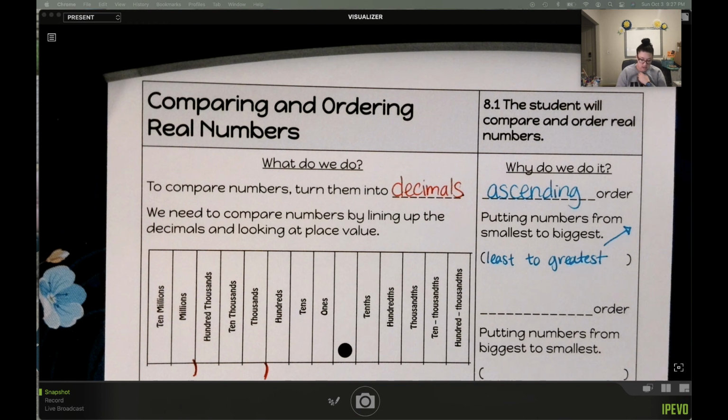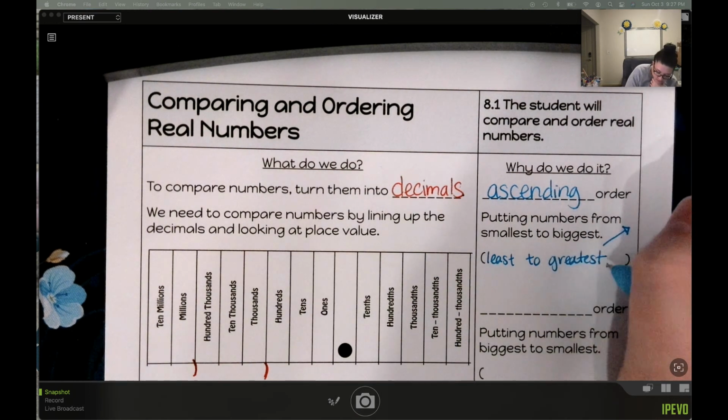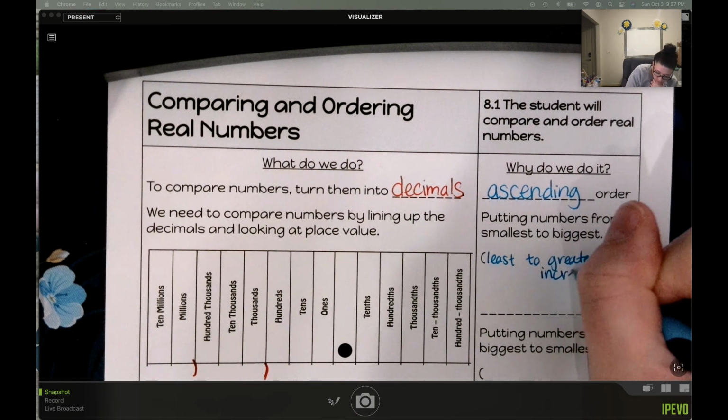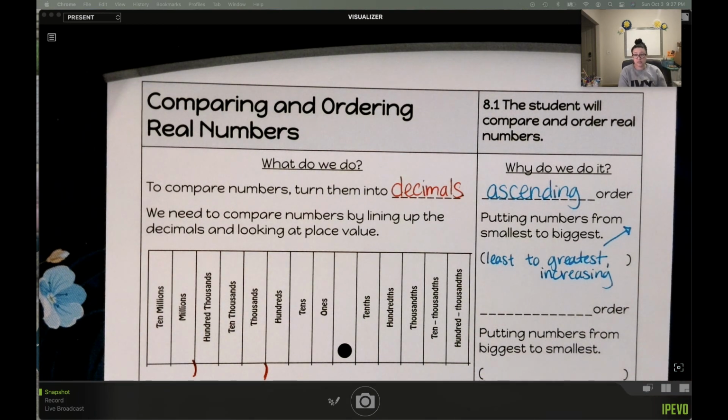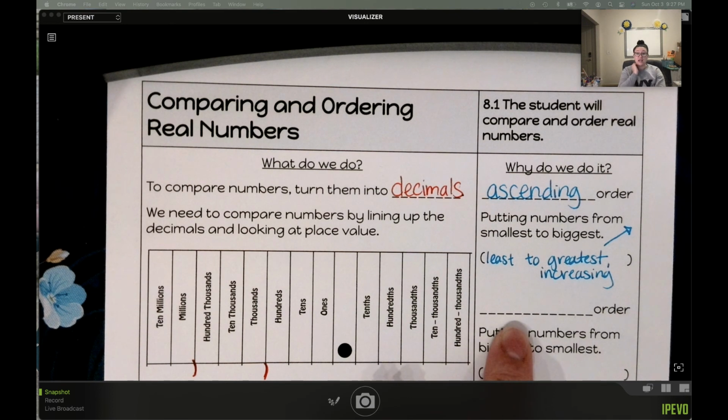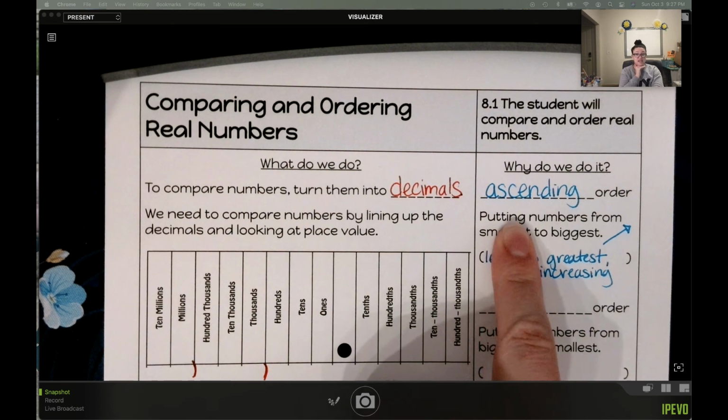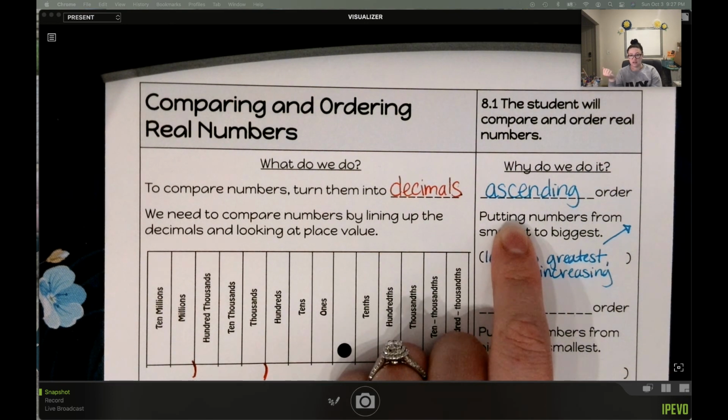And you might also hear the term increasing. All those mean we're going from small to big. In Spanish, you might hear ascender. Same thing. Ascending, going from small to big.